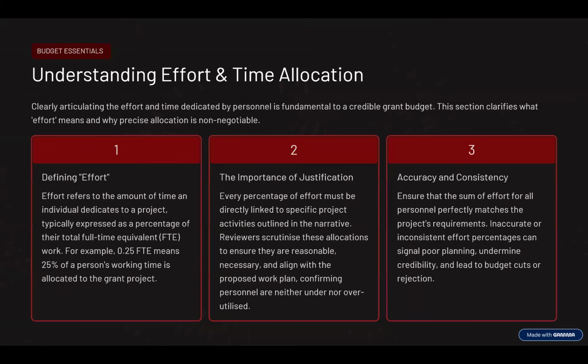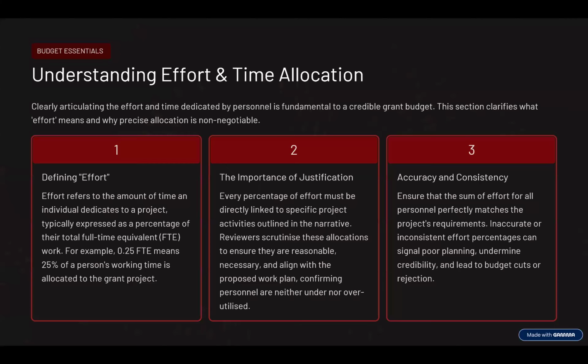Then, to briefly understand effort and time allocation: effort refers to the amount of time an individual dedicates to a project, typically expressed as a percentage of their total full-time equivalent, that is FTE. For example, 0.25 FTE means 25% of the person's working time is allocated to the grant project.